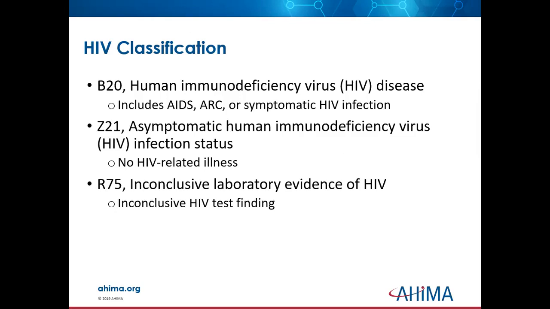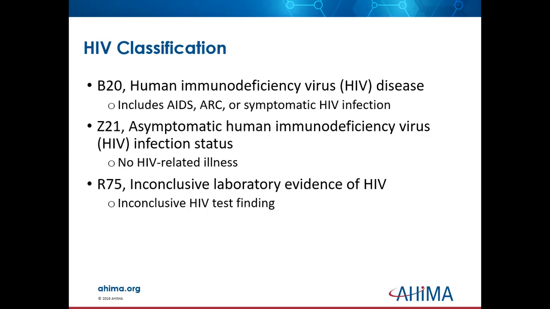If somebody is positive for the HIV virus and they have no symptoms, the code that's used is Z21, asymptomatic human immunodeficiency virus. So in other words, they don't have any evidence of active HIV disease, AIDS, or AIDS-related complex. They just are positive, but they have no symptoms whatsoever.